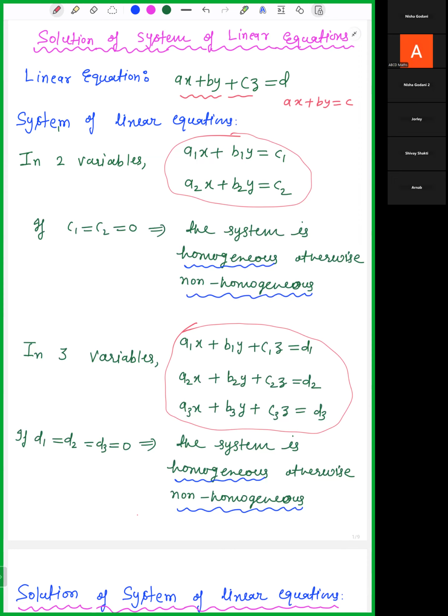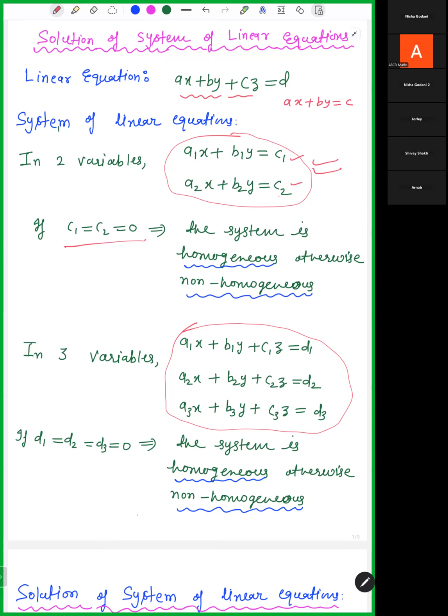Now we have to talk about the solution of such system, but before that it is categorized into two parts. If we look at this in two variable system of linear equations, you have here coefficient constants c1 and c2. If both of these are zero, if c1 and c2 are zero, then the system is called homogeneous.